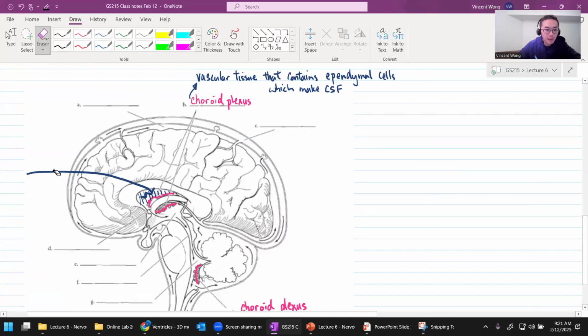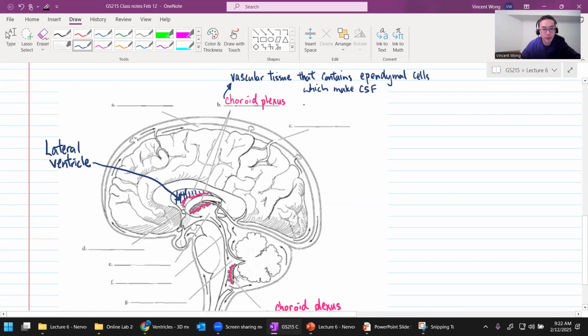But remember, it's much bigger than that, right? We're just seeing a little bit of it. You can see the lateral ventricle is always under this little thick band of structure, and we'll label that later on.